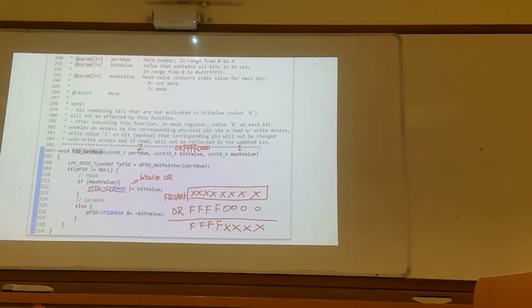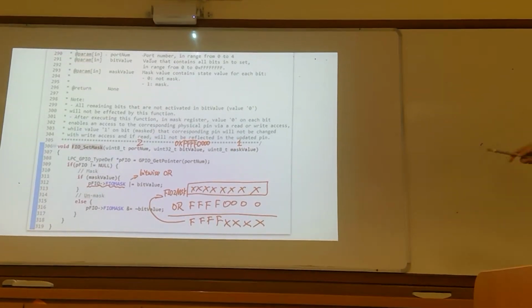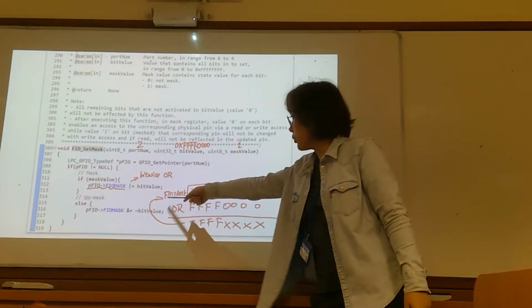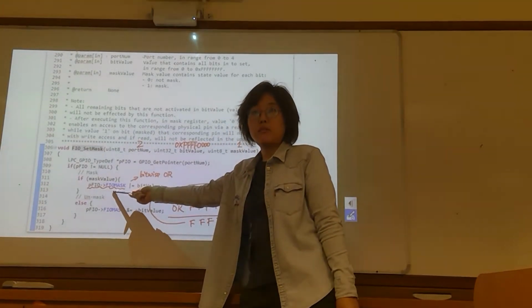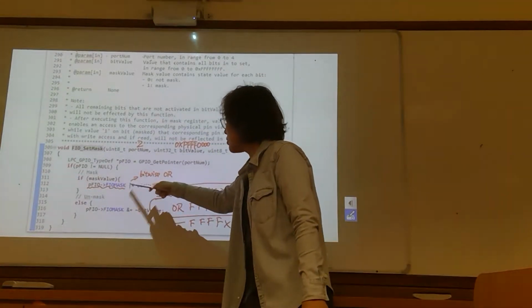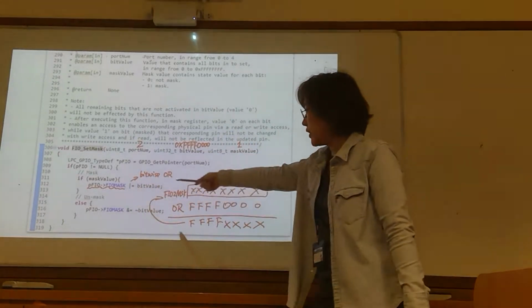This will be updated. This will be the value put back to the mask register. This one means this equals to this OR this. So in short, it's written in this way.